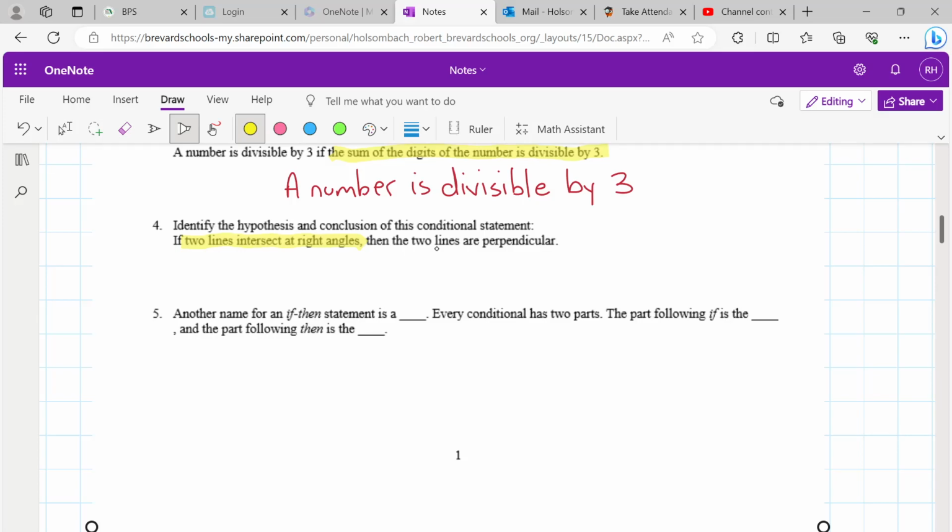Or, like the previous problem, it's the part of the sentence that's not after the if. So then the two lines are perpendicular. So here's our hypothesis, our P. Here's our conclusion, our Q. What follows the if is the hypothesis. What follows the then is the conclusion.